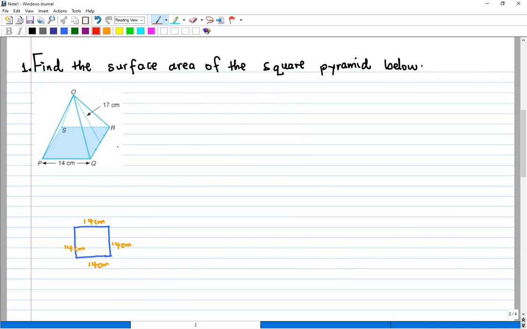Then next, we will have the faces, and we know that its slant height is 17 centimeters.